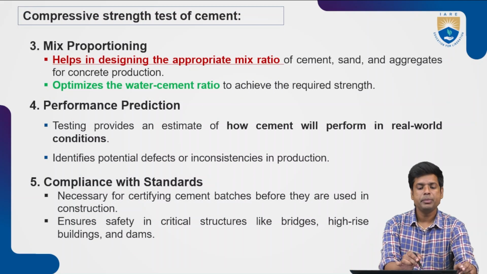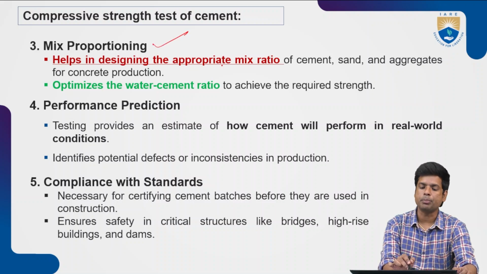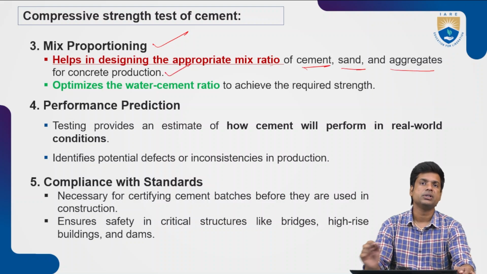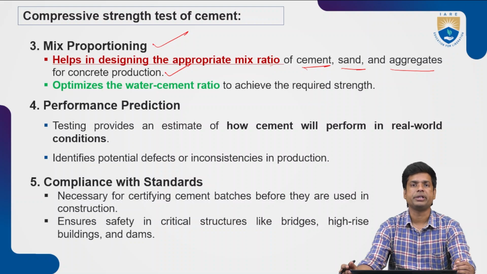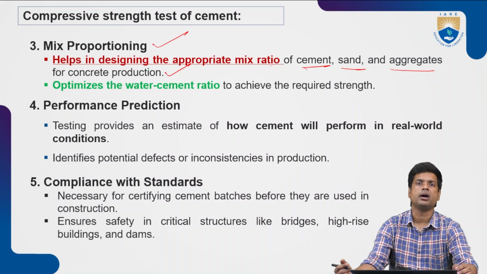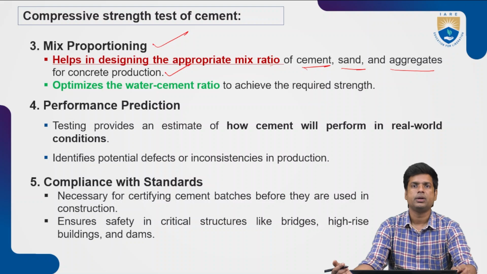And next one, mix proportioning. It helps in designing the appropriate mix ratio of cement, sand, and aggregates for concrete production. After testing the cement cube, if it is giving less strength, then we are going to change the mix proportions. We are going to change the quantities of cement, fine aggregate, coarse aggregate, or water content, depending upon the strength we get after testing.